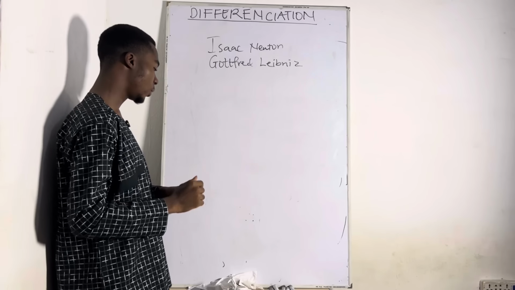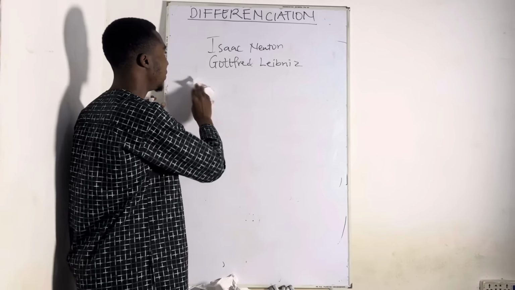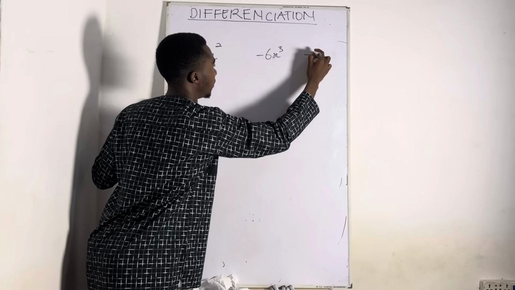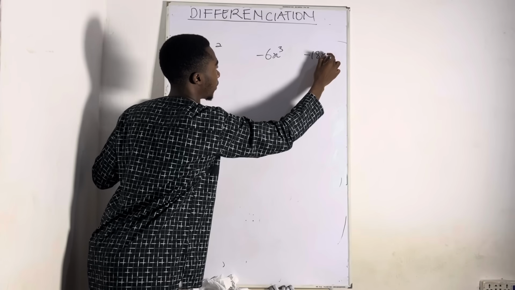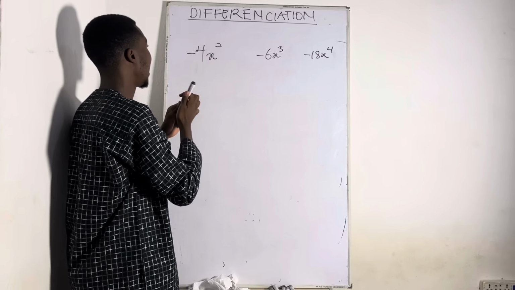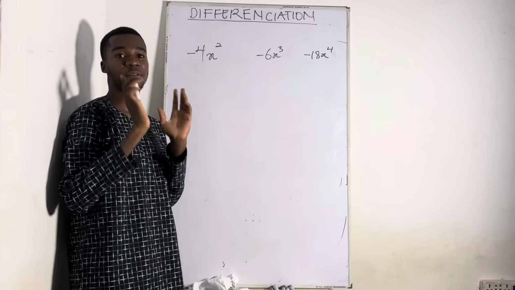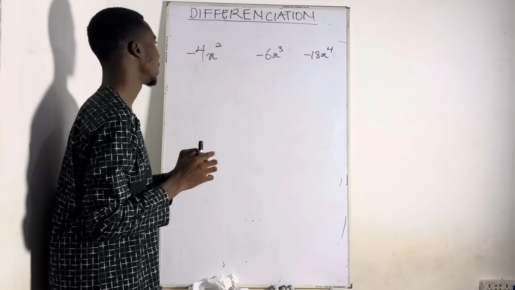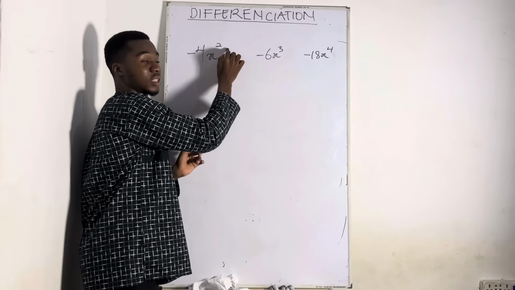You get it. Now, we are going to look at some basic rules of differentiation. Before you solve any question under differentiation, you have to know these things. Now, the first thing is that if you have something like negative 4x squared, negative 6x cubed, and negative 18x exponent 4, a number and an exponent as well as a variable, and you want to differentiate it, the first rule is that you multiply the exponents times the base.